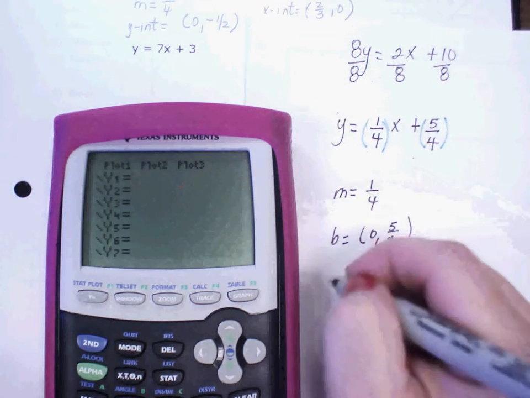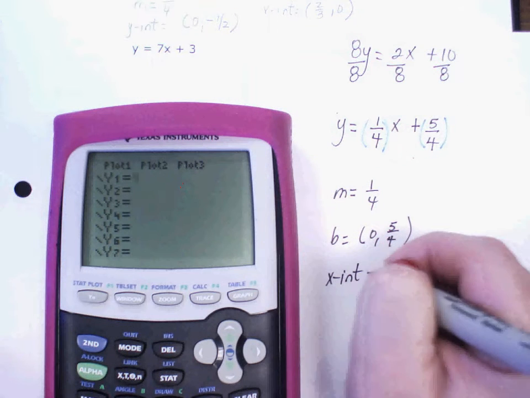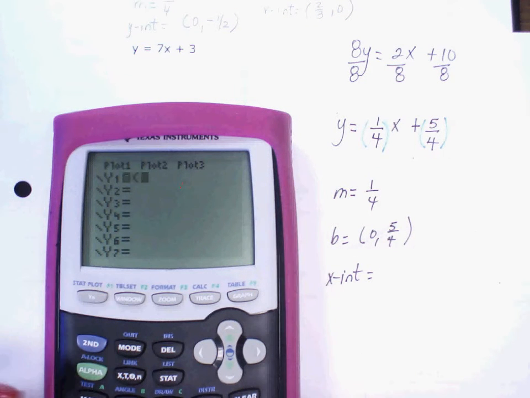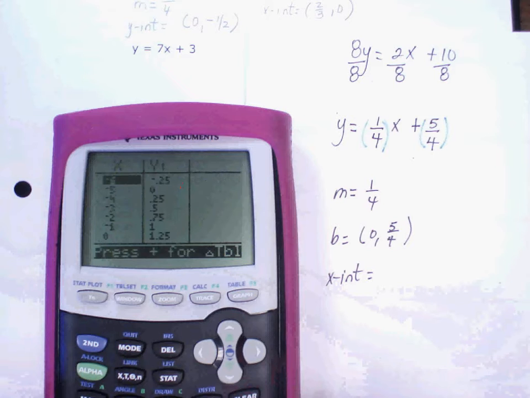So let's go to y equal to now because I need the x-intercept. So put parentheses around that fraction. And what am I looking for? X equals 0 or y equals 0? Y equals 0 because this is your x-intercept. And if you don't know, it's here for you. Okay?